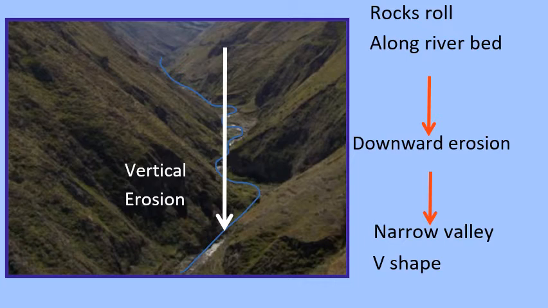This causes downward vertical erosion, where those big rocks cut into the bottom of the riverbed. This creates a very narrow, steep, deep valley that has a V shape.